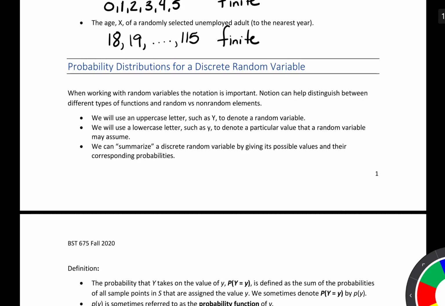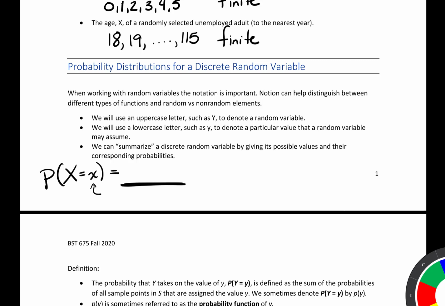For example, we might say the probability that capital X equals little x is equal to some function on the right hand side of the equation, and that function is going to depend on that little x. In other words, little x is just a placeholder for a bunch of different values that our random variable may take.